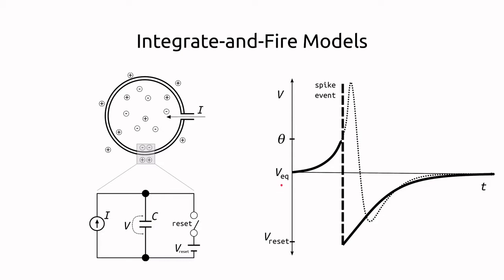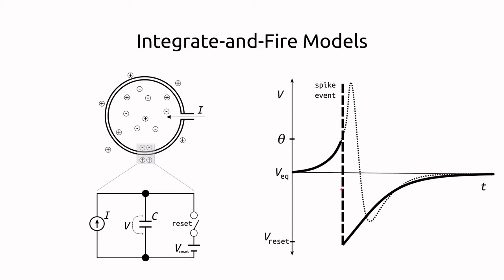What we see on this graph is the membrane voltage starting at the equilibrium voltage, which is charged up as current is injected into the neuron. The voltage increases until it hits the threshold voltage theta, where a spike event is recorded. In an actual neuron, the membrane voltage would continue in the shape of this dashed line, which describes the shape of the action potential.